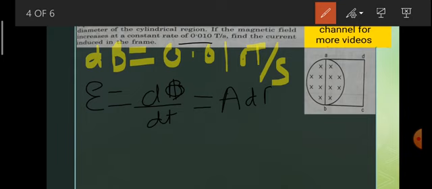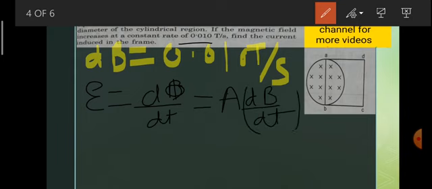Now the induced EMF is d phi over dt, where phi equal to B into A. So the area is not changing, and we can write this as A dB over dt.